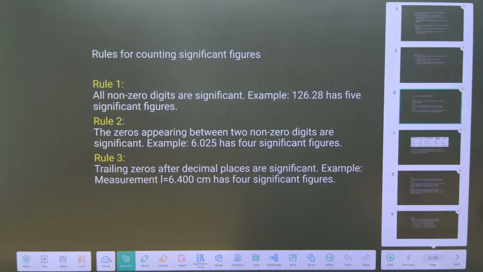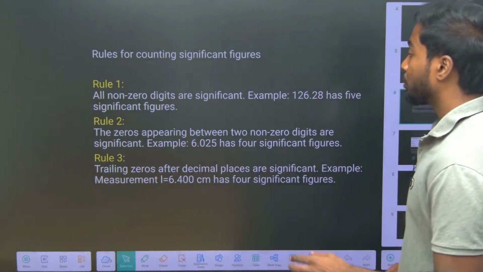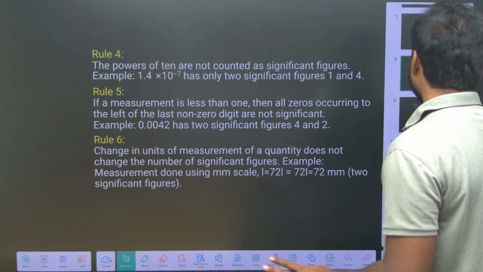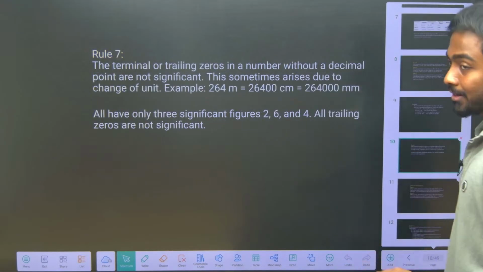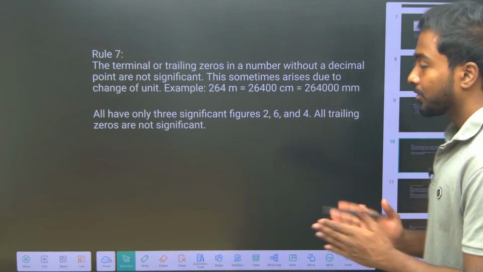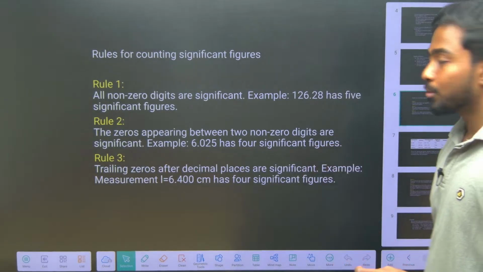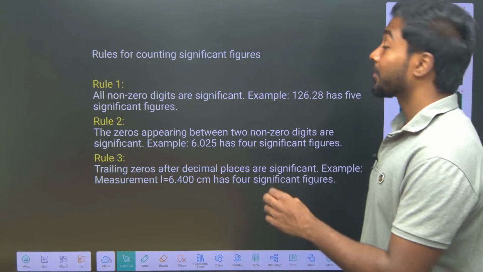So we have seen rules for significant figures. So rule number 1, 2, 3, and then total 7 rules we have seen. So rule number 4, 5, 6, and the last one is 7. Rule number 1 says non-zeros are significant.